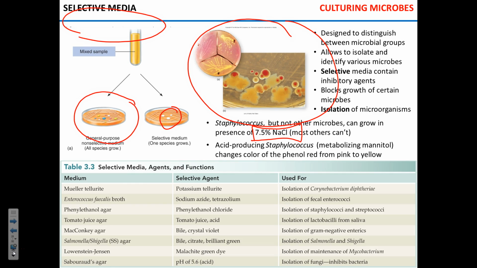What about mannitol? Mannitol is a sugar. What is the main function of sugars? Energy. Yeah, food source, energy. Now, Staphylococcus can ferment sugar. Which products of fermentation do you know? Carbon dioxide will be a product of alcoholic fermentation, but unfortunately, staph doesn't produce alcohol.